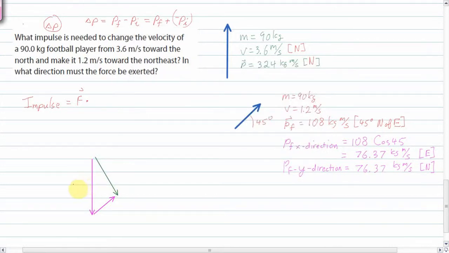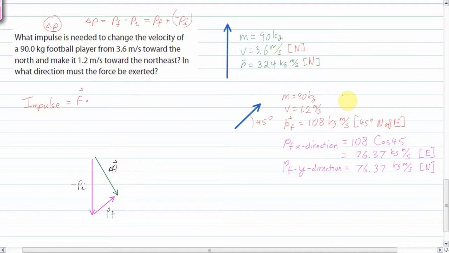So this is negative the initial momentum, and this is the final momentum. And if I add negative the initial plus the final, I get the resultant, or actually, no, sorry, I get the change, not the final. And that's what we're trying to find out, is what that change is. So that's the answer visually.